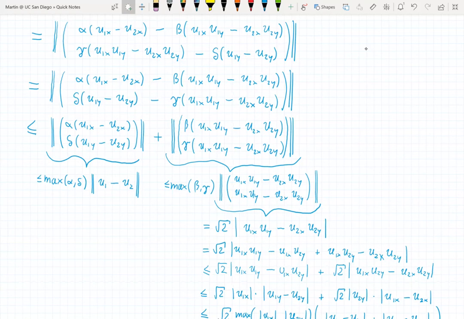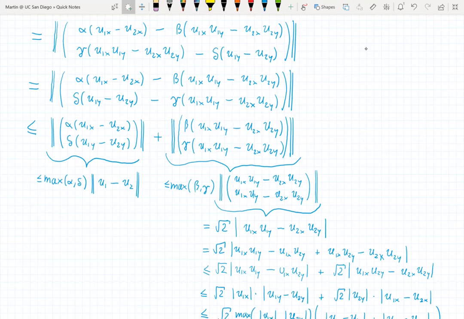If I take a look at this last Euclidean norm, I recognize that in the two components, I have similar looking terms associated with the different coefficients alpha, beta, gamma, and delta.